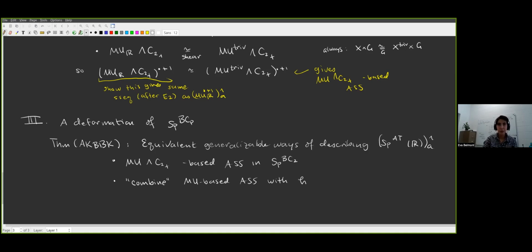So I'm combining the mu based Adams spectral sequence, this is a non-equivariant thing that I've given a trivial action, with the homotopy fixed point spectral sequence for the sphere. So I can do any of these spectral sequences to compute the homotopy of your favorite space or your favorite spectrum.